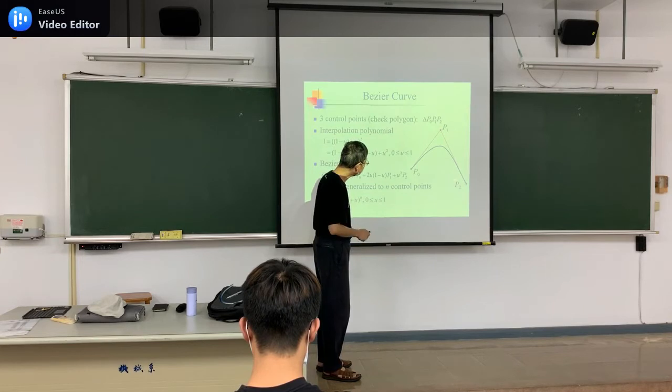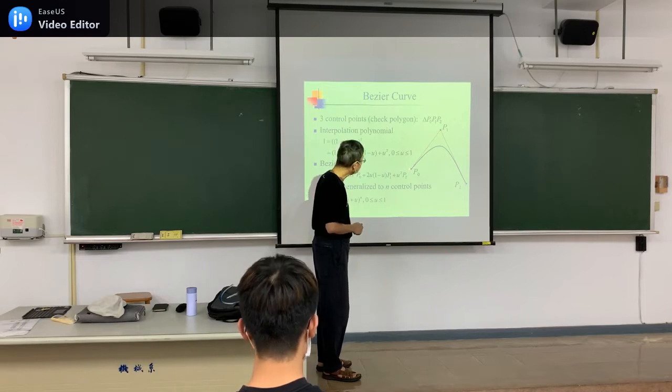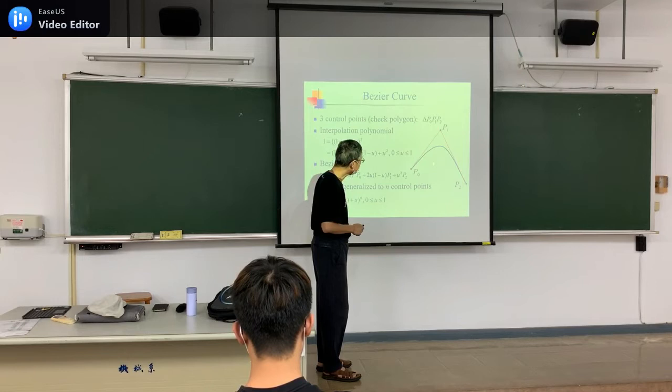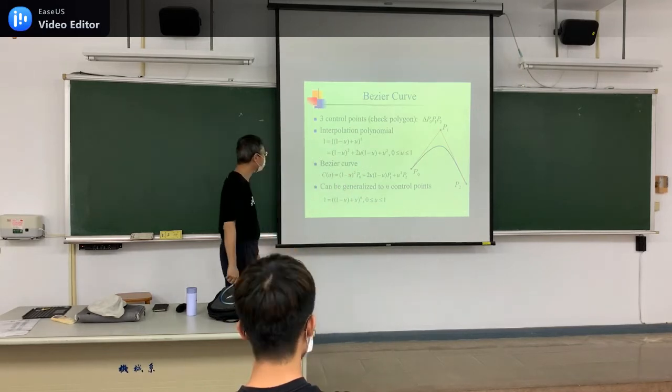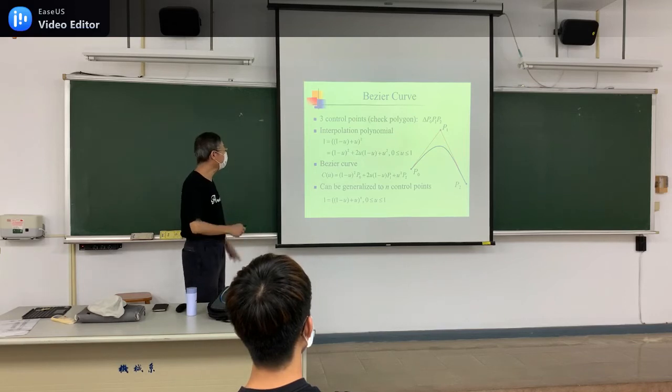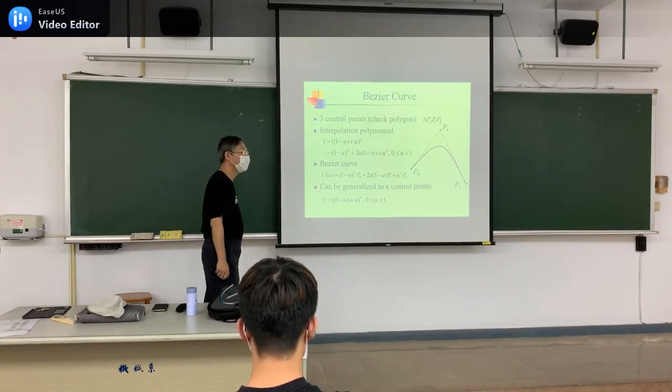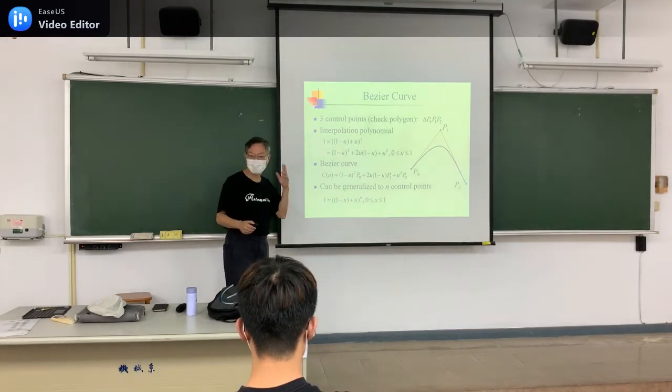As you can see here, the curve will be inside here, it will not go out. The resulting curve will not go outside the check polygon. It will be inside the check polygon. And the idea of Bezier is quite genius. Okay, it's a very simple idea.